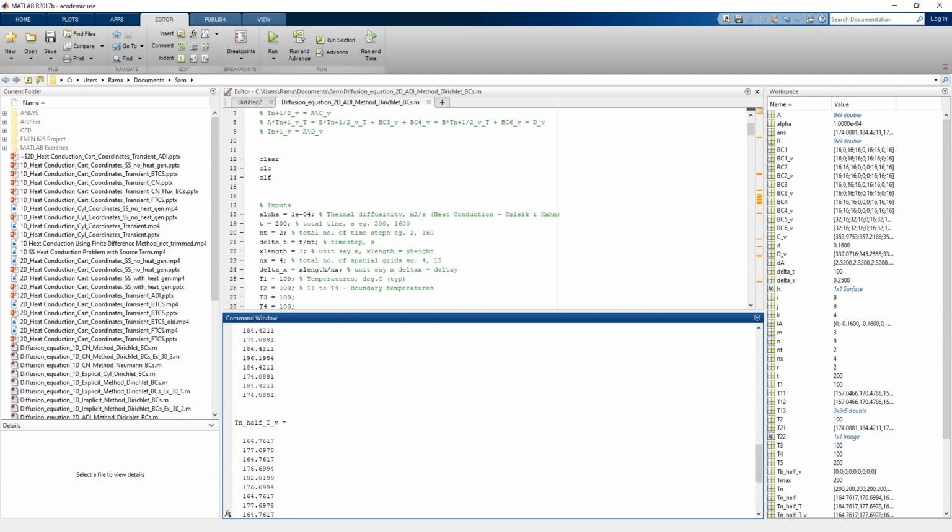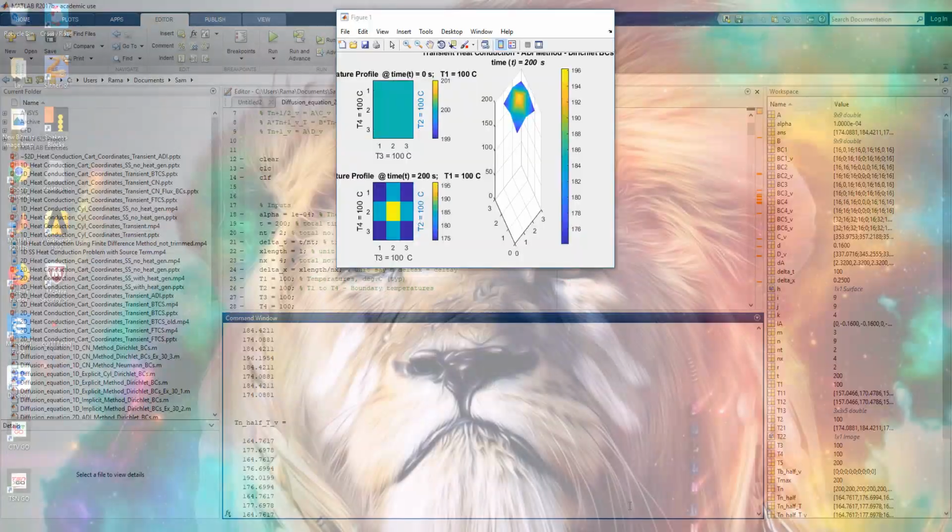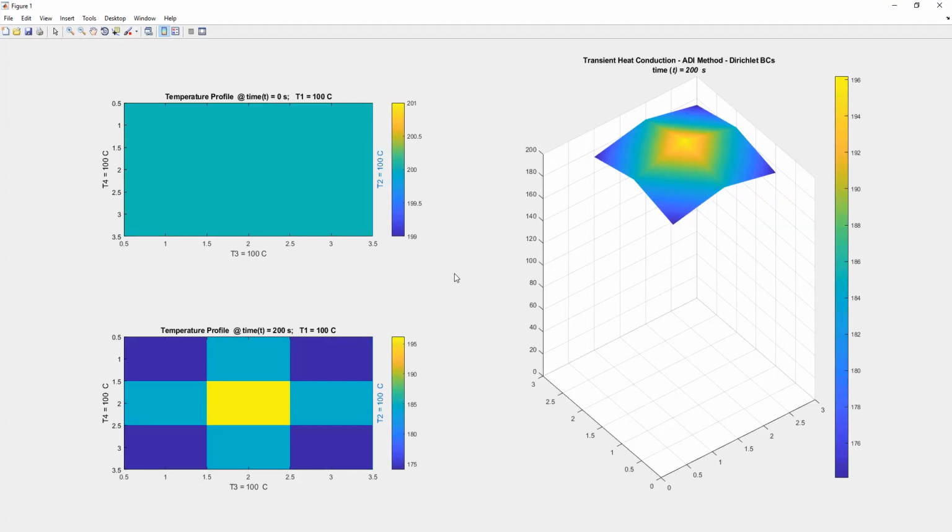We'll go to the graphics window now. Here on the left hand side top portion, the initial temperature of the copper plate is shown. The temperature we see is about 200 degrees Celsius. On the left hand side bottom portion, we have the final temperature profile.